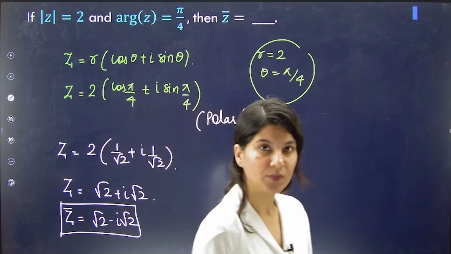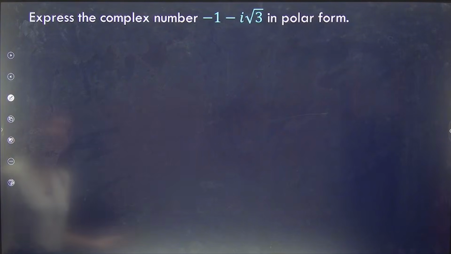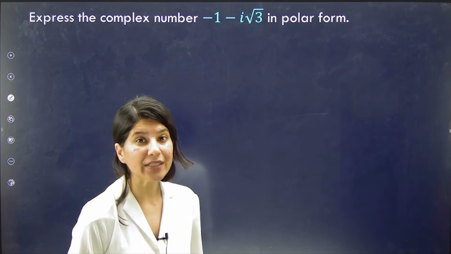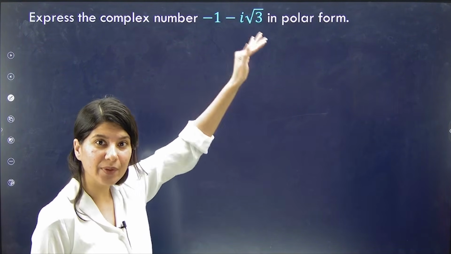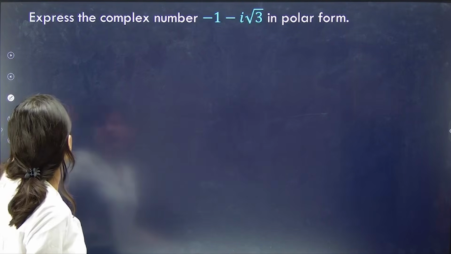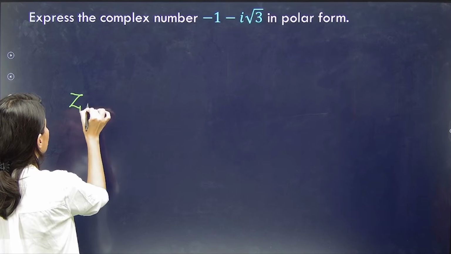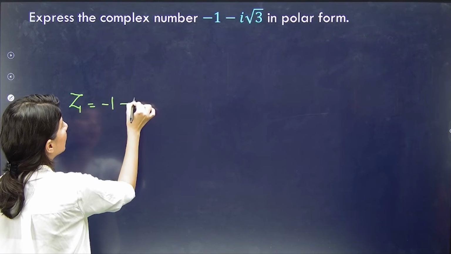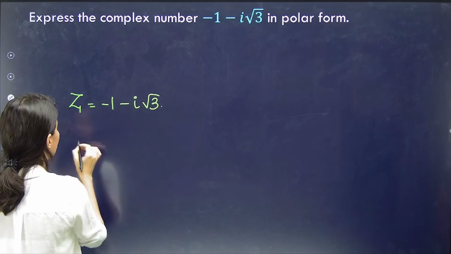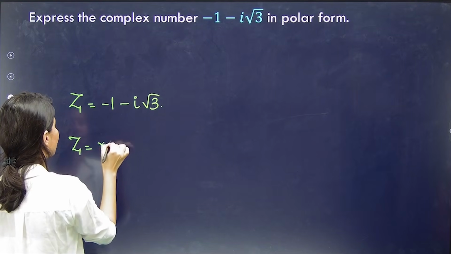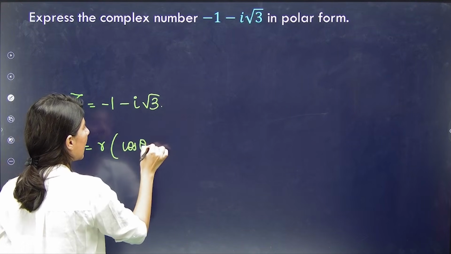Okay. All right. Now let us do one question which says that we have to convert the algebraic form of a complex number into polar form. So if z is minus 1 minus iota root 3 and you need to express z in polar form, then you know that you need r and theta.